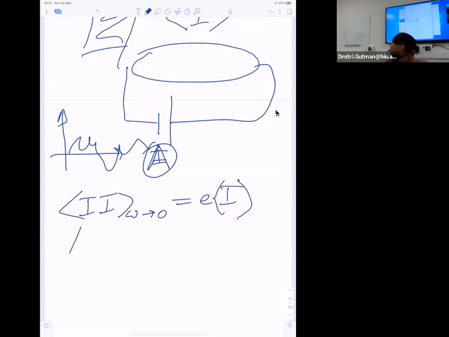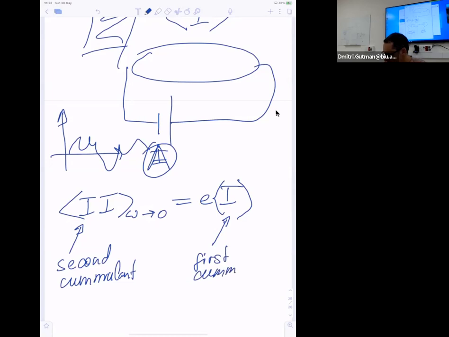So this is the second cumulant, and this is the first cumulant. This is because the process is Poissonian.